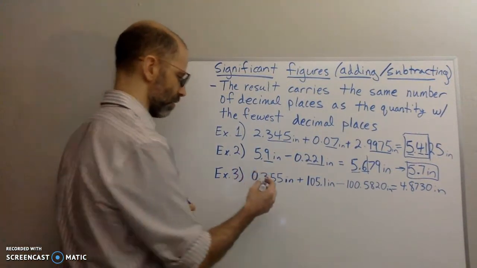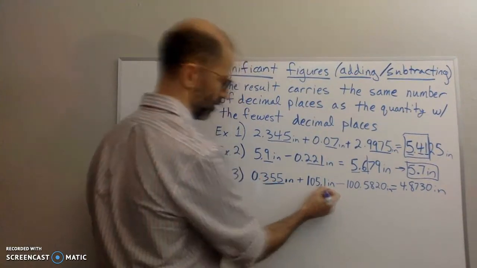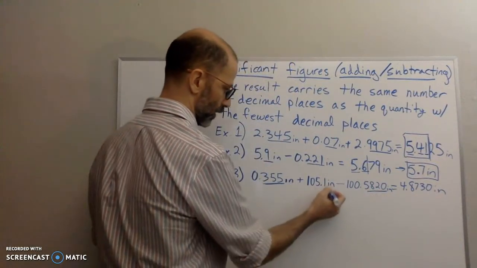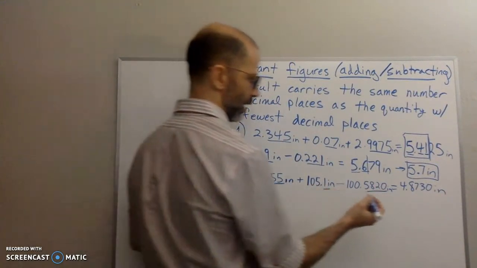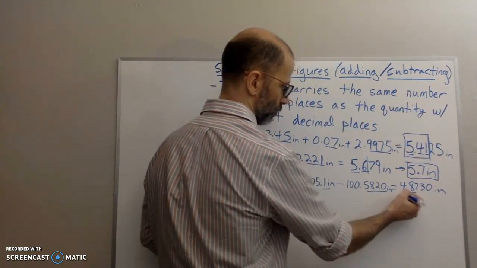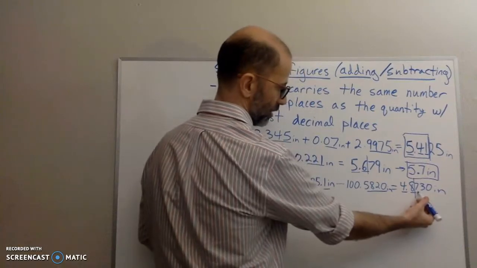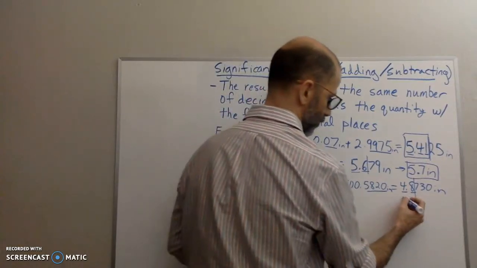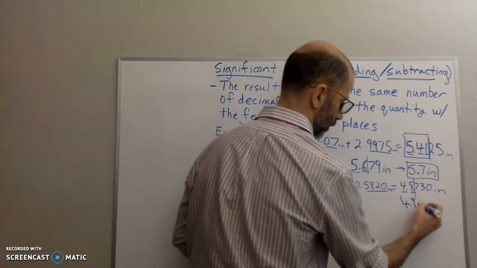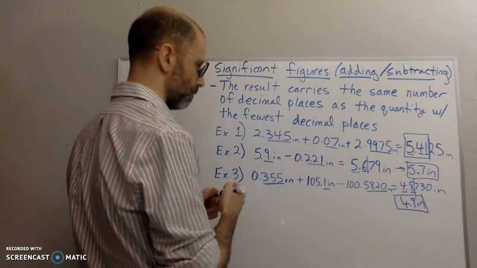Here we have 3 decimal places, here we have 1, and here we have 4. So 1 is the least number, which means we're only allowed to have 1 decimal place. So we can keep the 4 and the 8, and then we stop there. This is a 7, so we round the 8 to 9, and we have 4.9 inches. That is what I would report.